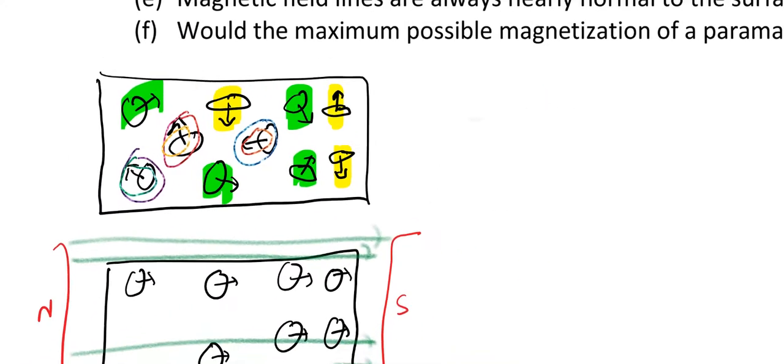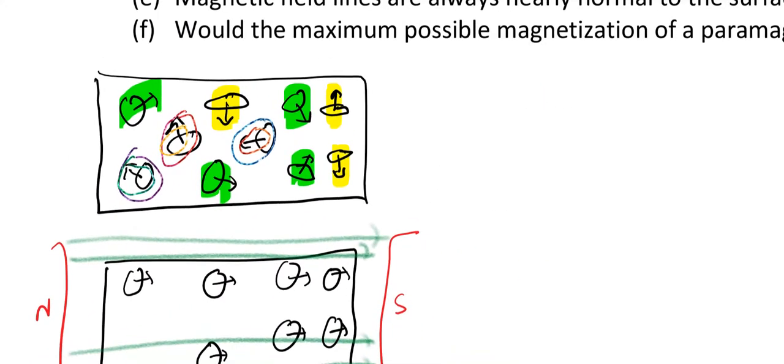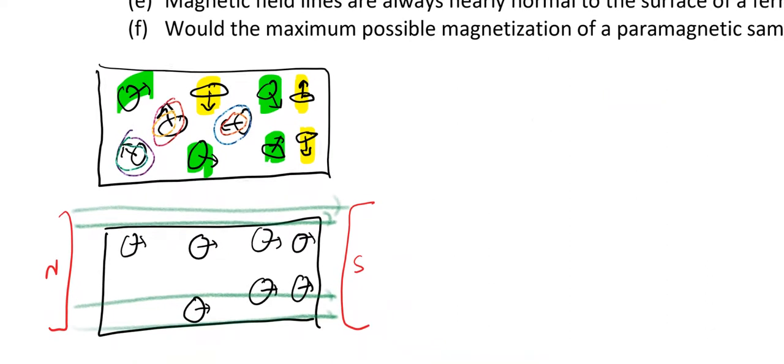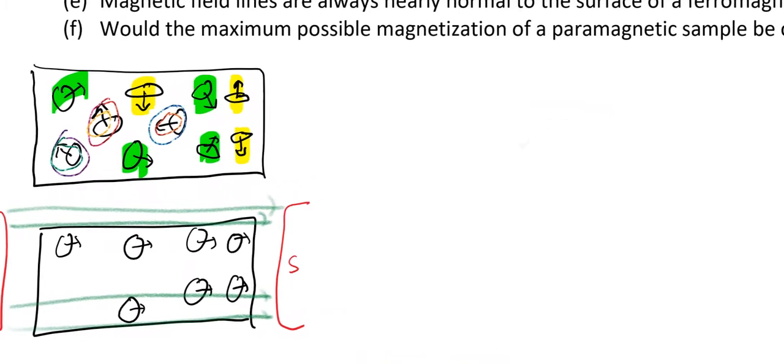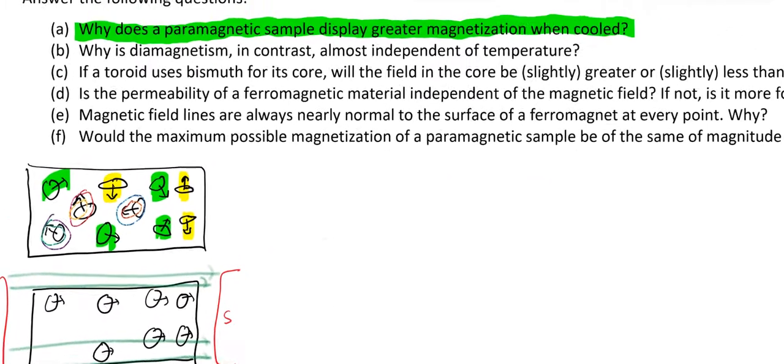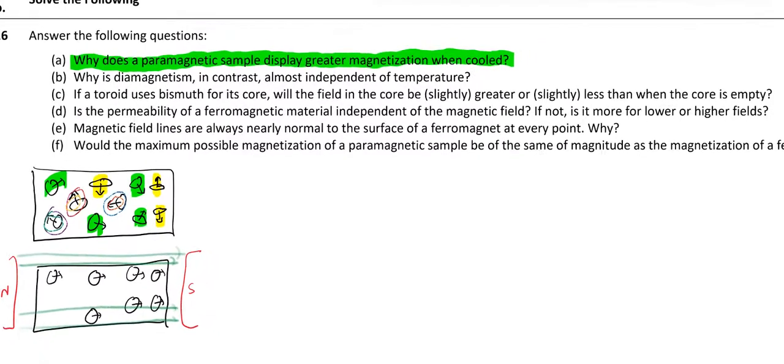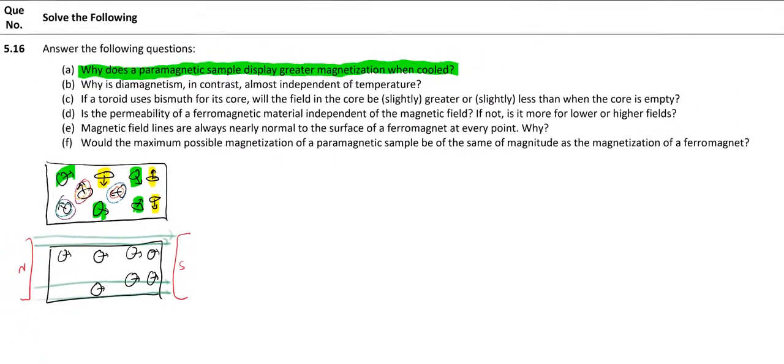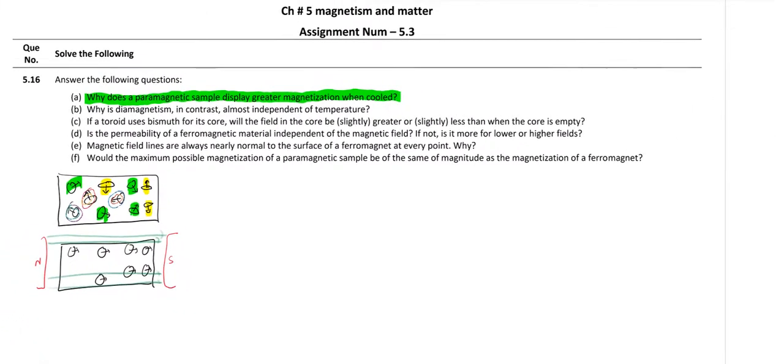On the other hand, if you cool it down, you are depriving them of their thermal energy, and then the magnetic potential energy will be more than the thermal energy, and you will have more magnetization. So a cooler paramagnetic substance shows higher magnetization compared to a paramagnetic substance at higher temperature.